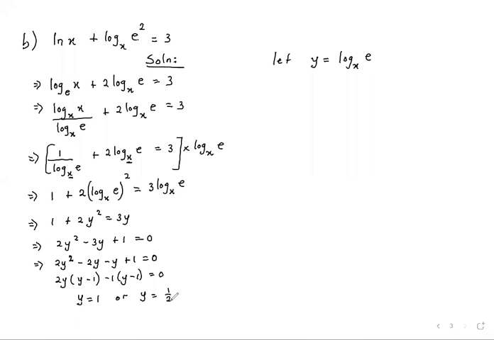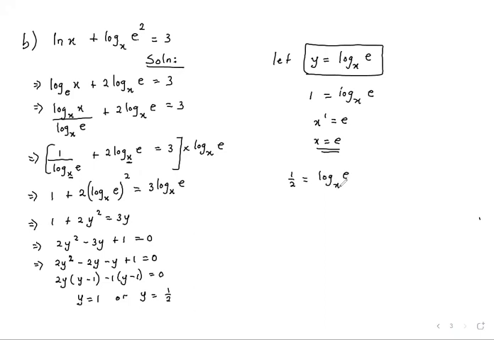Then you go back to what y is. So what is y? y is log_x e. So when y is 1, we have log_x e equal to 1. So x to the power 1 is equal to e, telling us that x is e. Or when y is half, we have half is equal to log_x e.